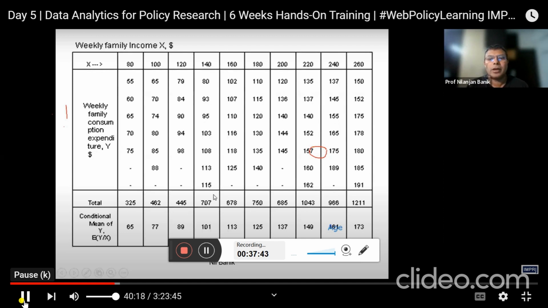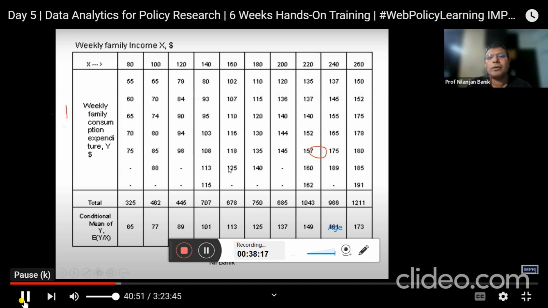Okay, and the way you draw the conditional mean is basically E, the expectation, of Y given X. So how am I getting this 101? If I assign equal weight in terms of probability to collect my sample, each one will come with a probability of 1 by 7. So 707 over 7 is 101.